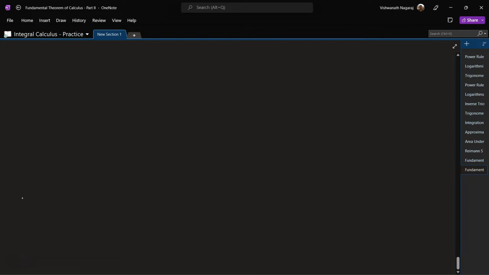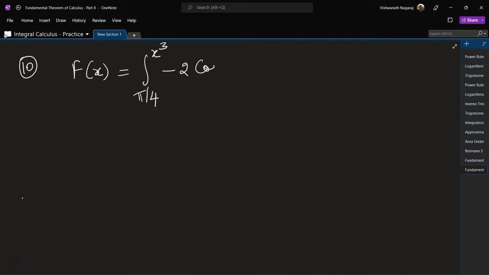Okay, 10th one, capital F of x is equal to integral from pi by 4 to x cube of minus 2 cosec t cot t dt. Now immediately you should realize minus cosec t cot t, we know the integral.